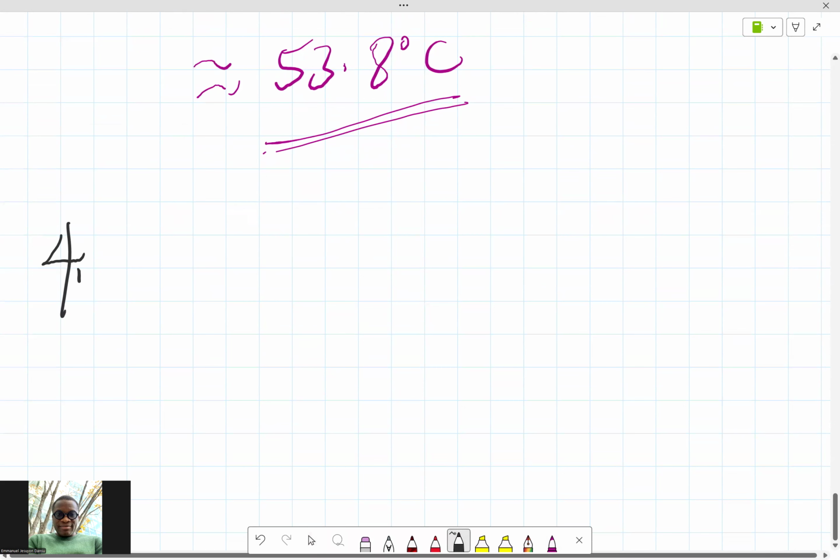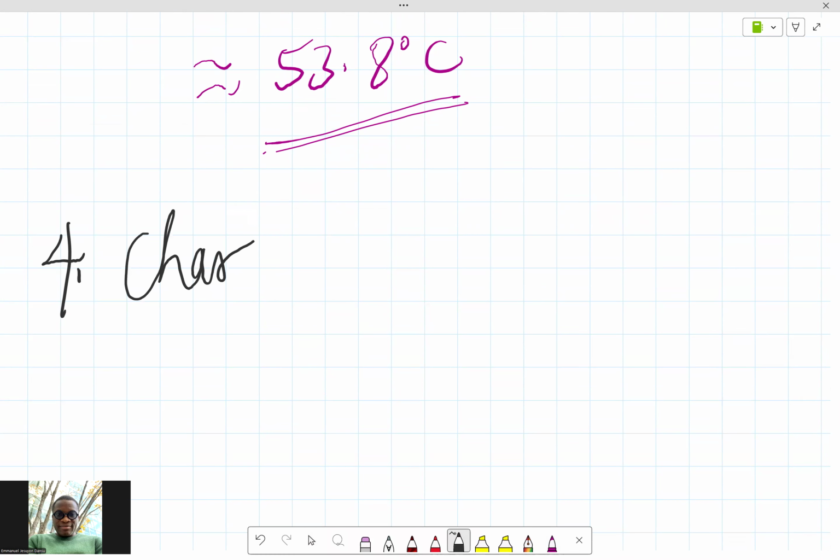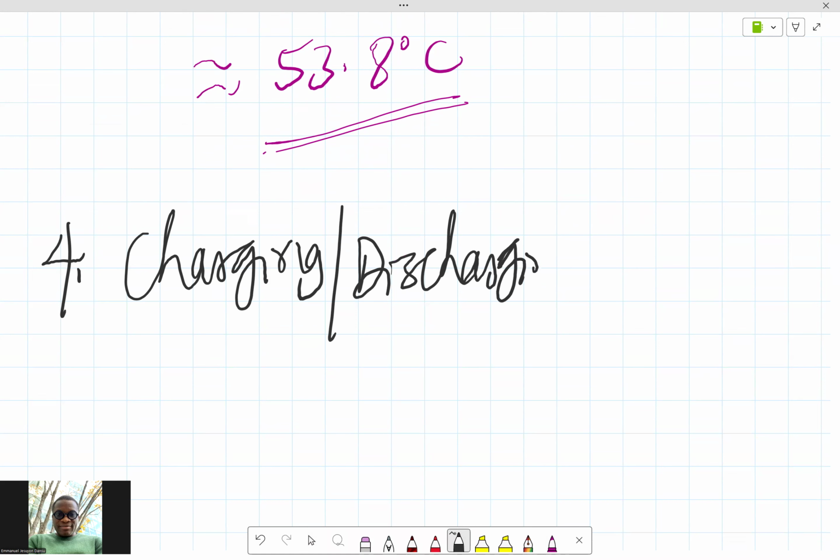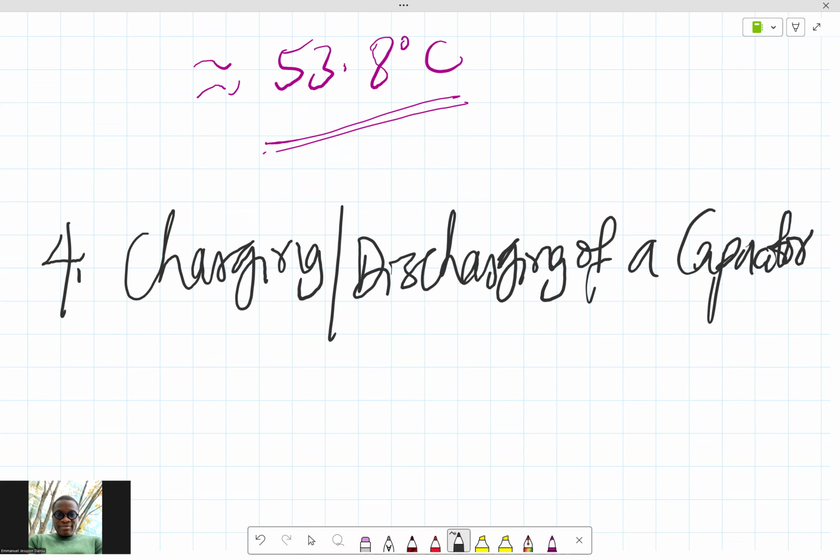That's the third one. The fourth one is charging or discharging of a capacitor for an RC circuit.